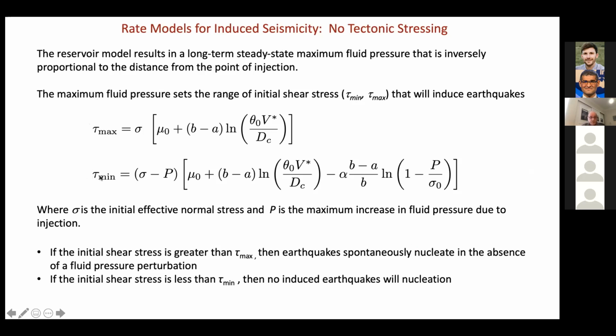There's a range of fluid pressures or initial shear stresses under which induced earthquakes can occur. So Tmax is simply the steady state sliding friction. If the stresses are above Tmax, earthquakes will nucleate spontaneously.